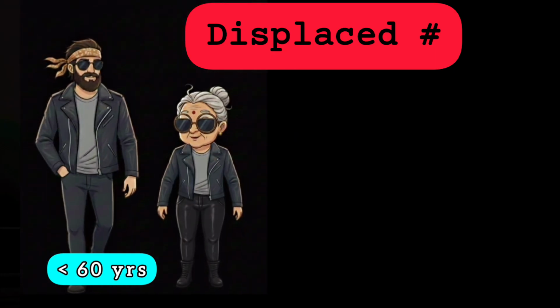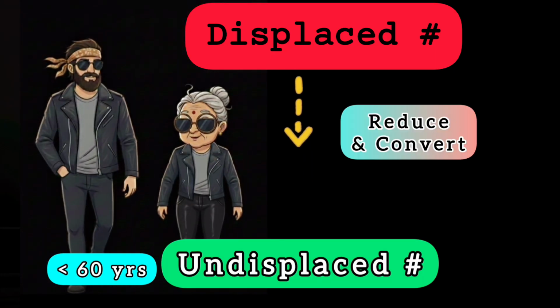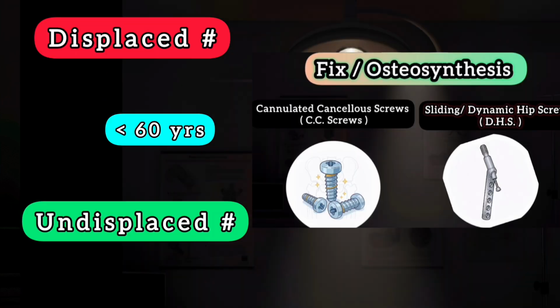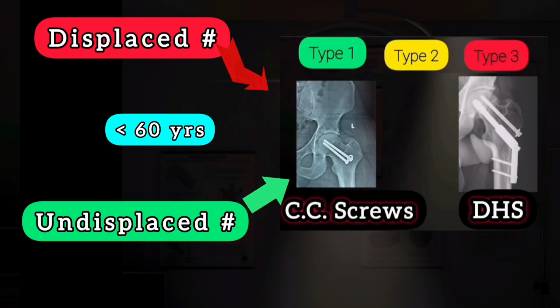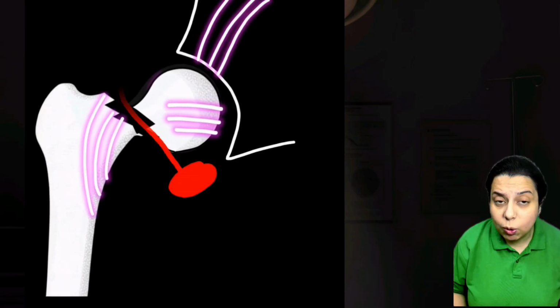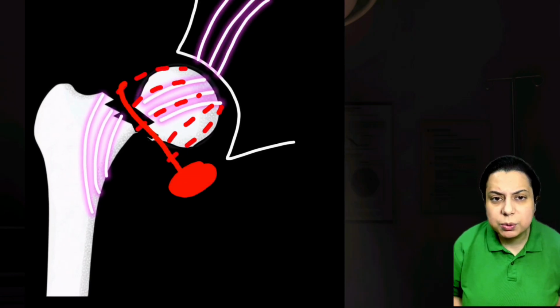So in patients less than 60 years, we attempt to reduce the fracture and convert it into an undisplaced variant. After reduction, the fracture is treated the same way we treat Garden type 1 or type 2, the undisplaced variant. You may wonder, if the blood supply is already damaged, why reduce it?